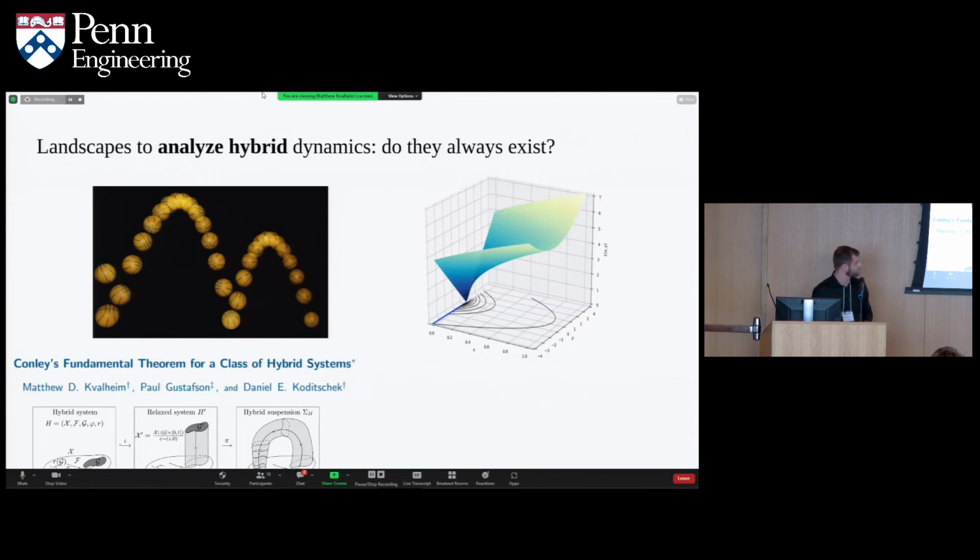The way that we did that was we took the state space of a hybrid system. There's this region where you're hitting the ground in the bouncing ball example, and here's the region where you're falling through the air.